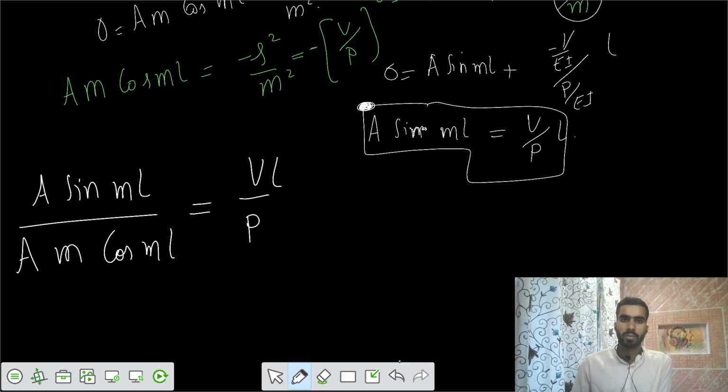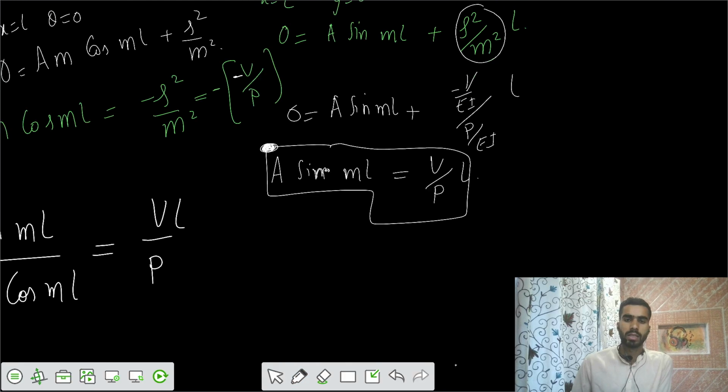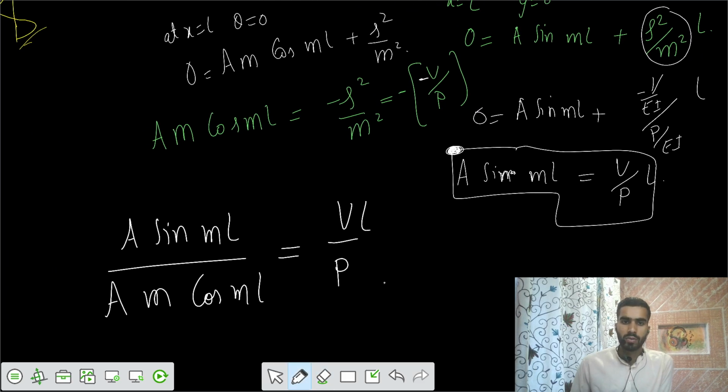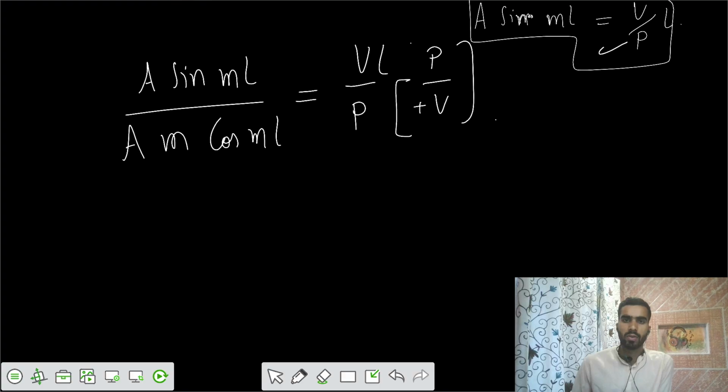Actually the s square by m square is minus times of v by p, and we write that. So finally you got this one, vL by p, and from the bottom I would write plus v by p. So I got this equation now.